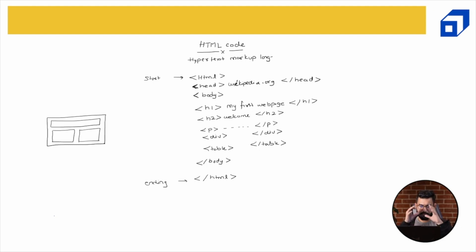So we will not be going into the depth of HTML code, but the reason I started talking about HTML code is to give you a brief idea regarding how the general schema or the general code structure of the HTML code looks like. So we start with HTML, we end with /HTML. Within that we have head tag, then we have body tag, and within body we have all the content of the web page. This is the HTML code.